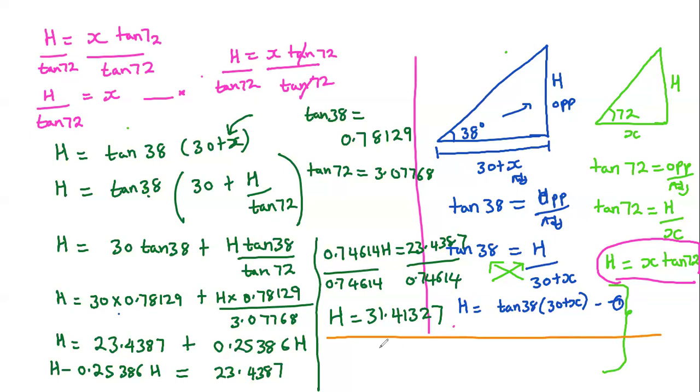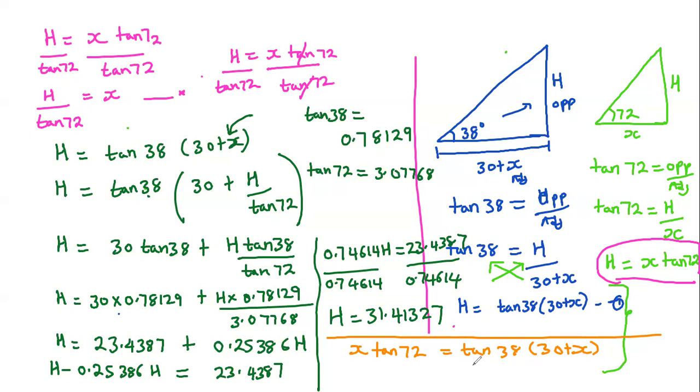Okay. You could first equate the two, then you say x tan of 72 is equal to tan of 38 into 30 plus x. So you work out and find the value of x. Now, after getting the value of x, you go on and obtain the value of h by substituting in any. It is very okay. Thank you, sir. So for you here, just fill in tan 72, put the answer here, and then work out the value of x.